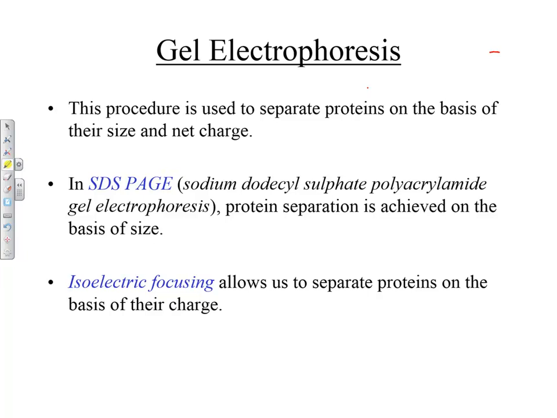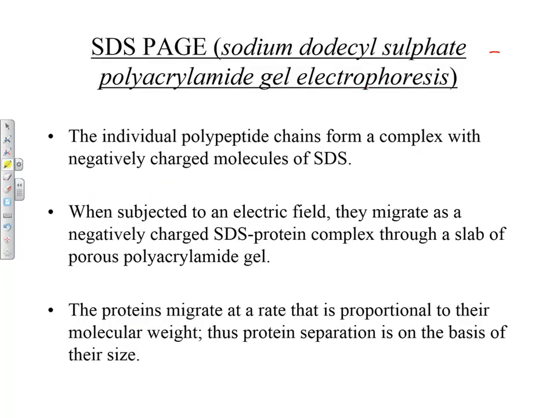There is another technique where you can separate proteins on the basis of charge, and that technique is called isoelectric focusing. I will discuss that after I give you some more details about SDS-PAGE. And then we'll see how you can separate proteins in two perpendicular directions: in one direction on the basis of size, and then in a perpendicular direction on the basis of electric charge, to achieve further separation.